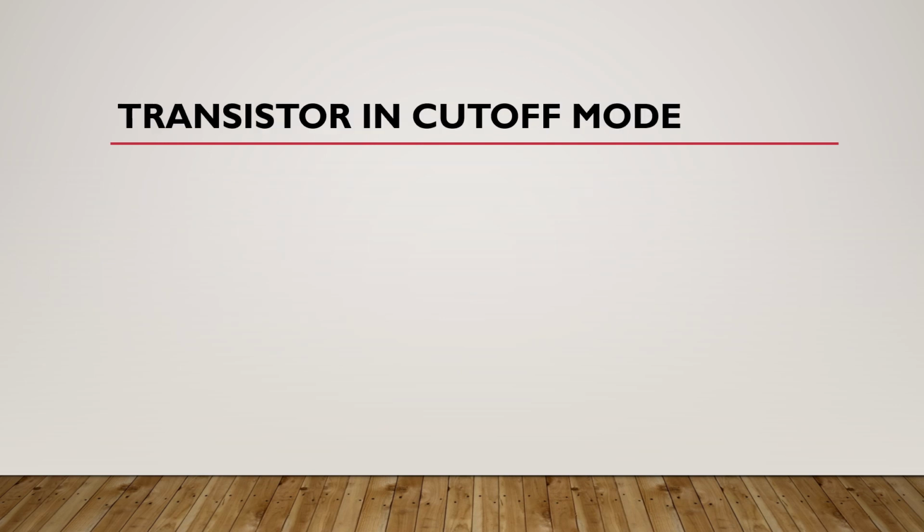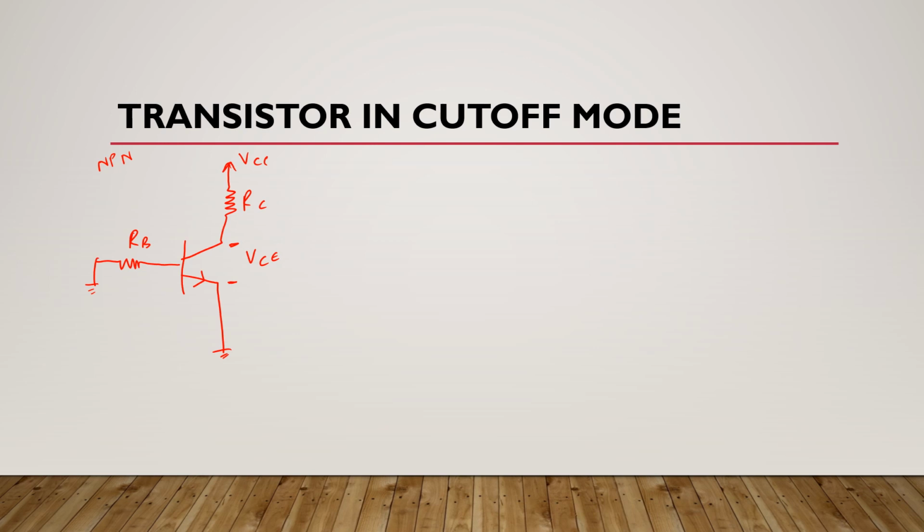Now we will understand switching operation of transistor in cutoff mode. For suppose we have a transistor configuration like this. If the arrow is here, it means this is an NPN transistor. Here we have a resistor, it is RB. Here we have VCC, this is RC, and we know that the voltage drop between this collector and emitter terminals is VCE.